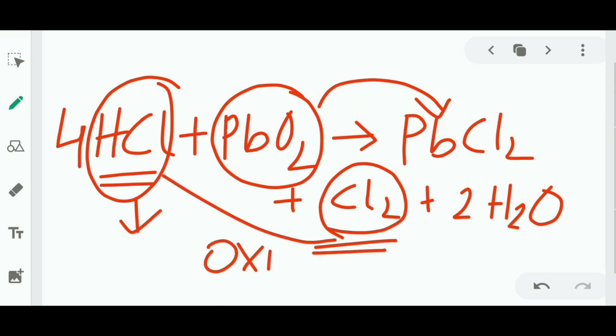Next, let us move to HNO3, that is nitric acid. What are the properties of nitric acid? It is thermally decomposed. Nitric acid decomposes completely on strong heating into nitrogen dioxide, oxygen and water vapor. Thermal decomposition means it breaks into different things.